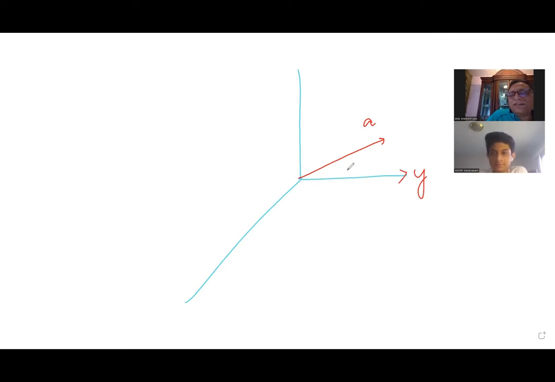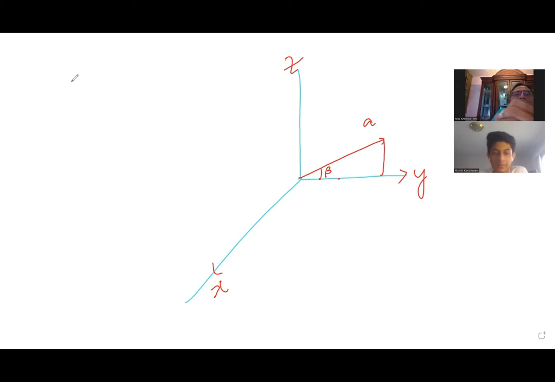The angle it makes is alpha with the x-axis, beta with the y-axis, and gamma with the z-axis. If I want to find only the direction, we consider unit vectors. Then the angle can be found using the cosine ratio, which comes from the dot product.